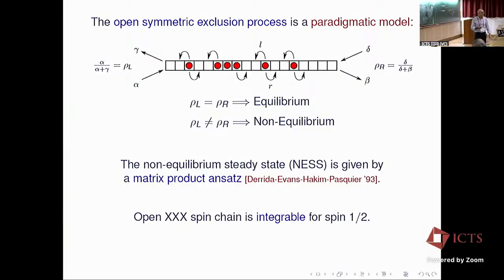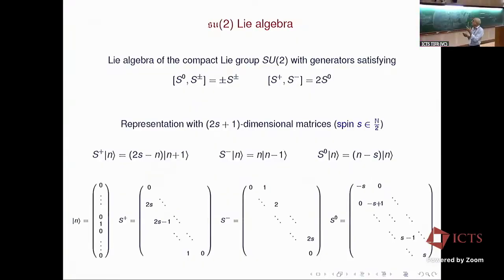Starting from the matrix product ansatz solution, which is rooted in the fact that for spin 1/2 the model is integrable. This is super well known, but to better place what comes after, let me recall how the exclusion process is related to a stochastic realization of the SU(2) Lie algebra.